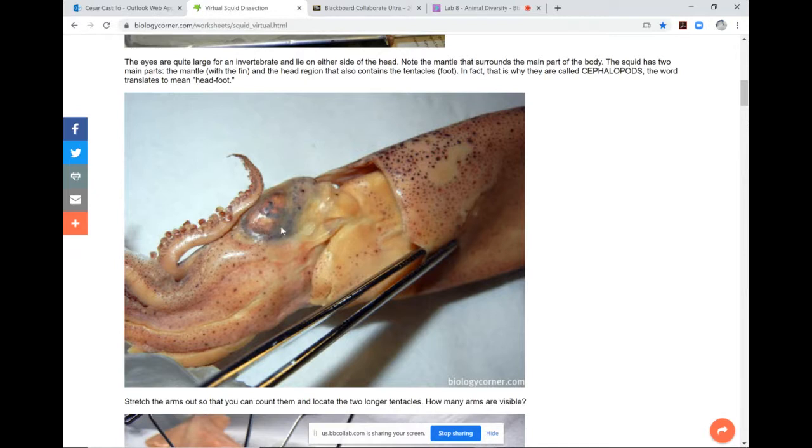The eye is very large, has a large lens, and their eyesight is superb. They can see just as well underwater as we can see above the water. Right? You try seeing far away underwater. We can't. Our eyes are not that good.